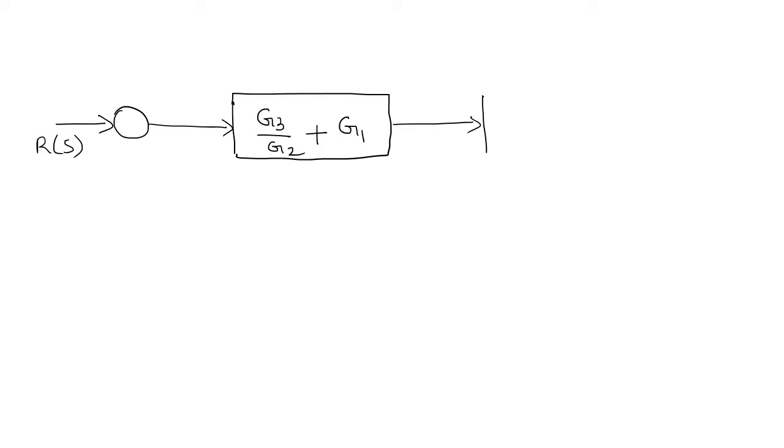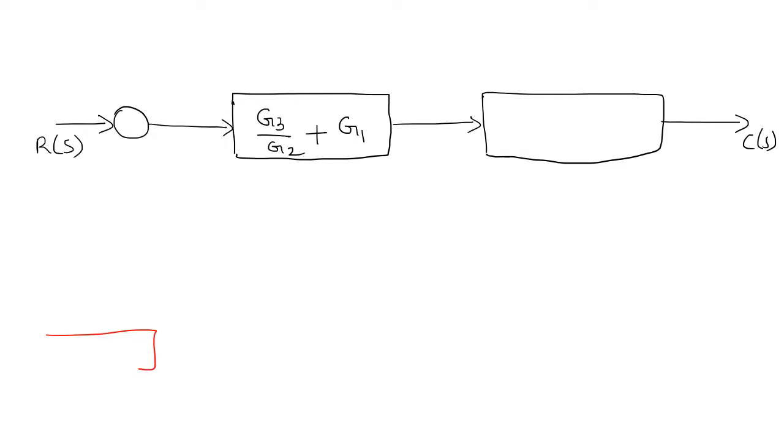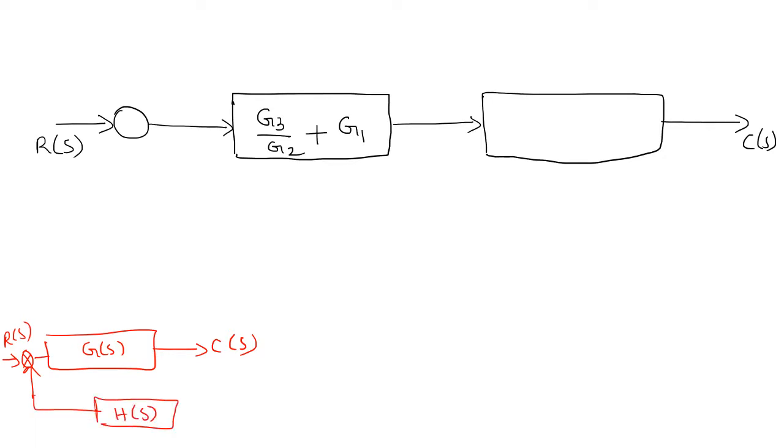Canonical form, what is the simplest formula? Say we have our G of S, this is C of S, this is a summing point, R of S, and we have a feedback which is H of S. If this is the case, this is the canonical form, and our transfer function we write in the form G of S divided by 1 plus G of S H of S. We will apply the same thing here.